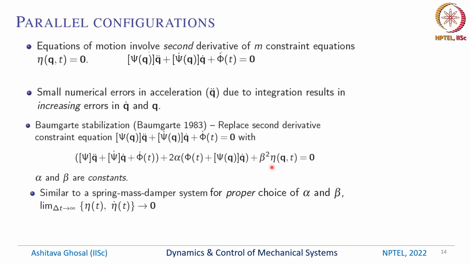So let's continue. In parallel configurations, there is also another big difference, which is the following. What we actually want to solve is eta of q comma t equal to 0. This is the actual loop closure constraint equation.